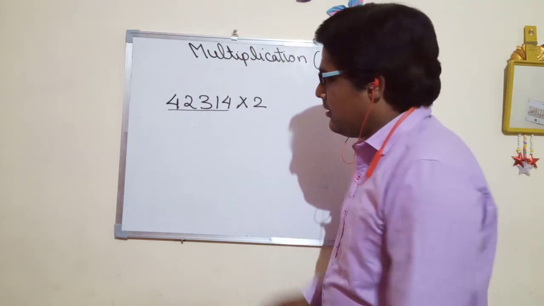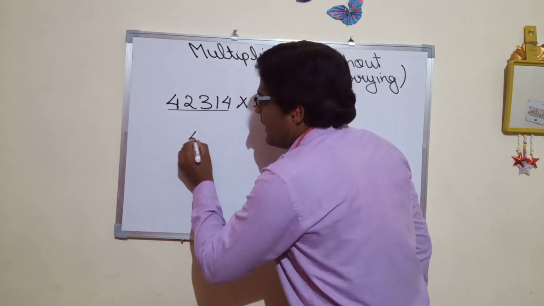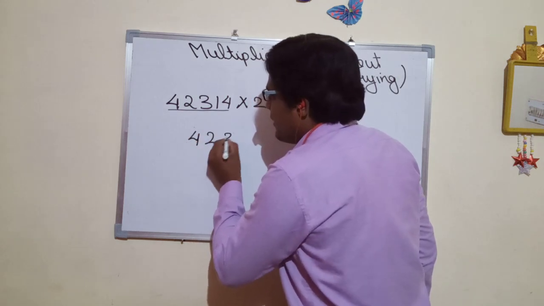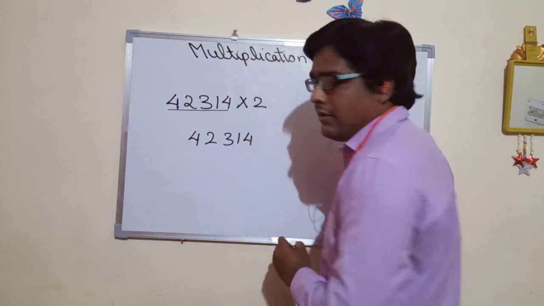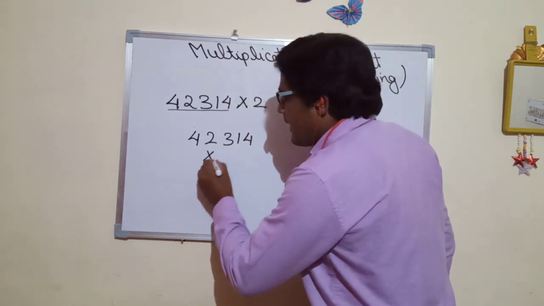So first we will write the multiplicand, that is 42,314. Then we will put the multiplication sign and then we will write the multiplier.